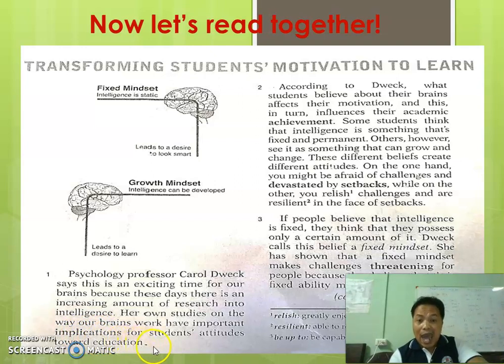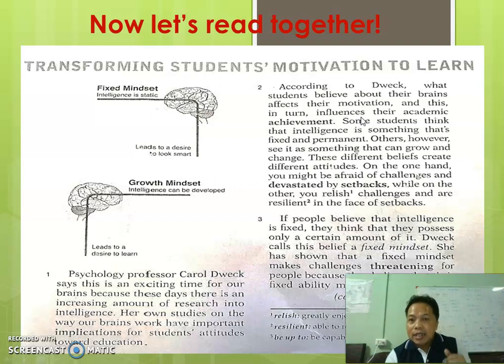For students' attitudes toward education. According to Dweck, what students believe about their brains affects their motivation, and this in turn influences their academic achievement. So be careful and remember this one. Our brains affect our motivation.